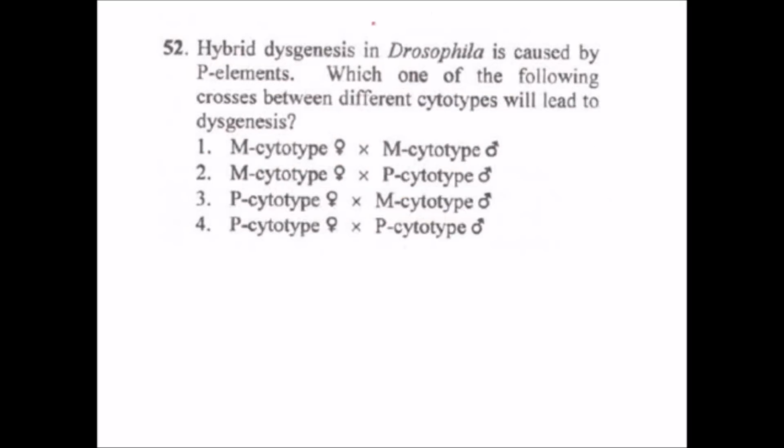Hybrid dysgenesis in Drosophila is caused by P elements. Which one of the following crosses between different cytotypes leads to dysgenesis? Actually, dysgenesis is caused due to the absence of P element in the cytoplasm, and this P element is only present in the female Drosophila.